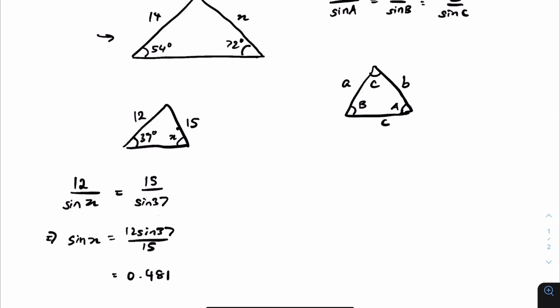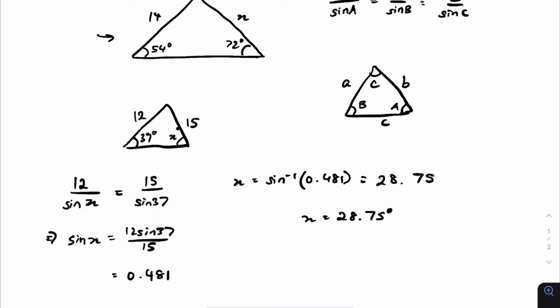The inverse of sine takes the value and finds the corresponding angle that gives that value. So x is equal to the inverse sine of 0.481, and if we put that in our calculator, we get 28.75. So x is equal to 28.75 degrees.